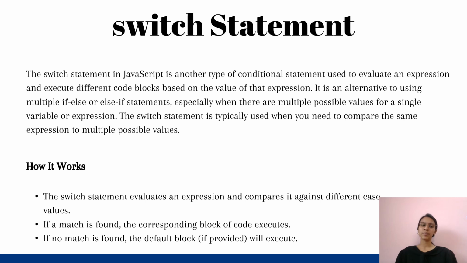The switch statement is typically used when you need to compare the same expression to multiple possible values. How does the switch statement work? The switch statement evaluates an expression and compares it against the different case values. If a match is found, the corresponding block of code executes. If no match is found, the default block of code will execute.